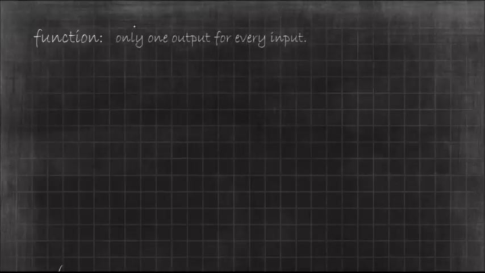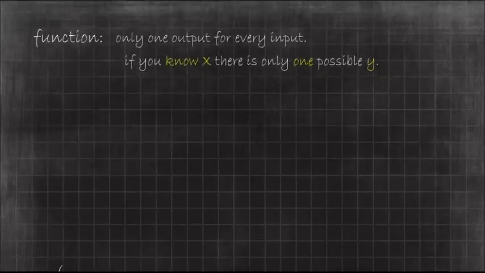Now, the next word we need to talk about is what a function is. A function is a special type of relationship, and this is one where only one output value is there for every input value. Now, that's a fancy way to say it.